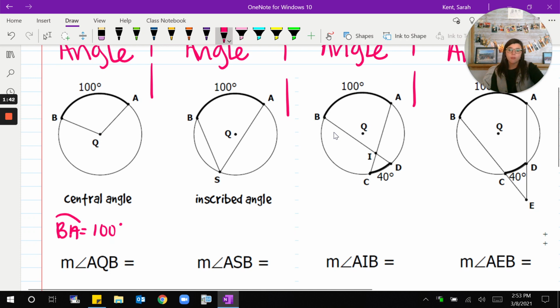We're looking for the measure of angle AQB. So A to Q to B. We want this angle right here. Since this is a central angle, it is the same as the arc. So if the arc is 100, our angle is also 100 degrees.